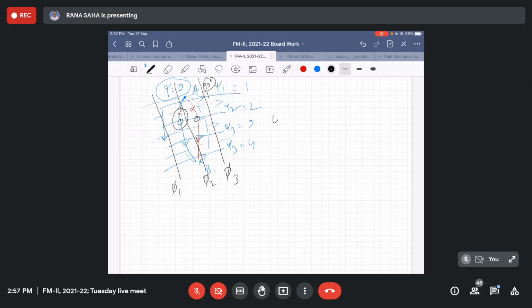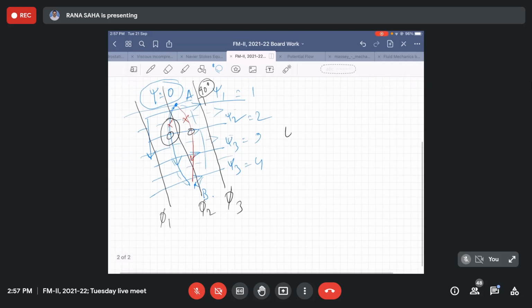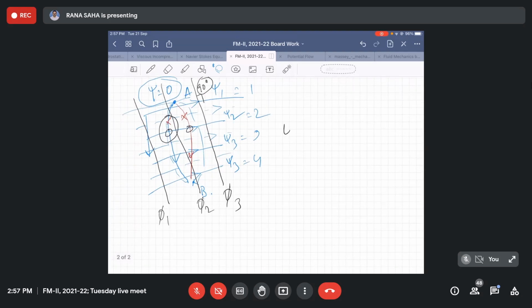So if the pattern of the streamlines of a typical flow is the one which I have drawn, then one can expect to have the velocity potential lines like this. These lines, phi 1, phi 2, phi 3, are called velocity potential lines, or also known as equipotential lines. So we have these equipotential lines, and we have the streamlines.